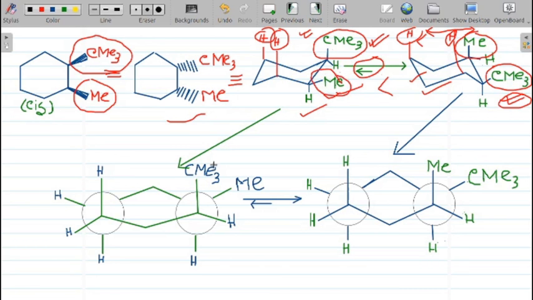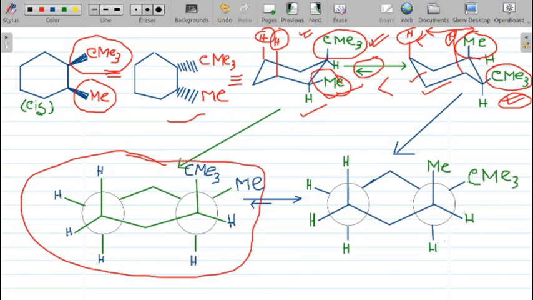And now we will consider the torsional strain of these two structures. This is the Newman projection of this conformation. Here you can see that there will be a clash, the gauche interaction, between this CH2 group and this bigger group, the tert butyl group.